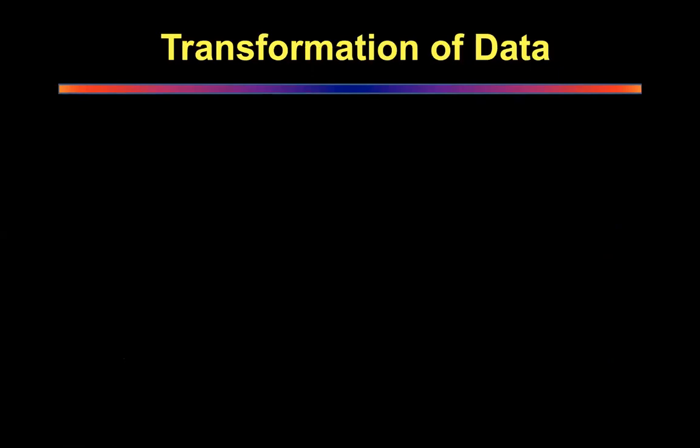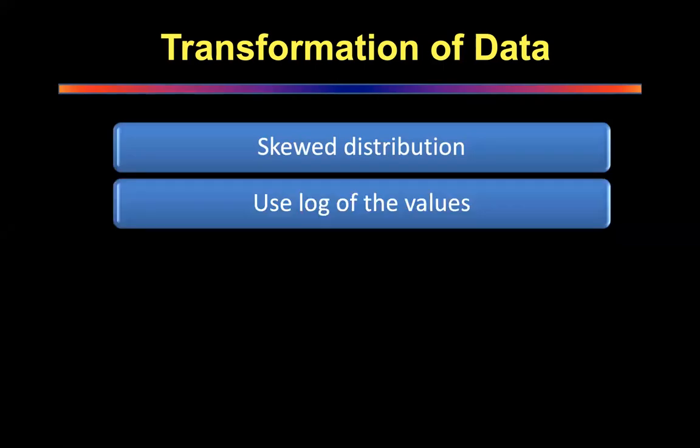Sometimes in statistics, when you put it on a computer, if the data is not uniformly distributed, you can actually convert the data into uniform distribution by using the log of the value.